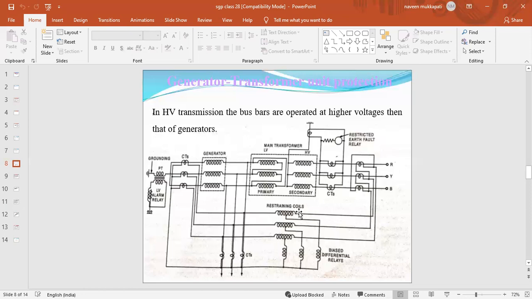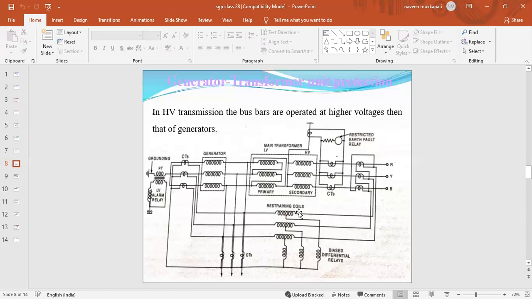Due to this combined protection, there are some advantages and also some disadvantages. The advantages of the generator transformer unit protection are that the space occupied and the number of protective devices are reduced. The installation cost of the protective relays and the maintenance cost are also reduced.